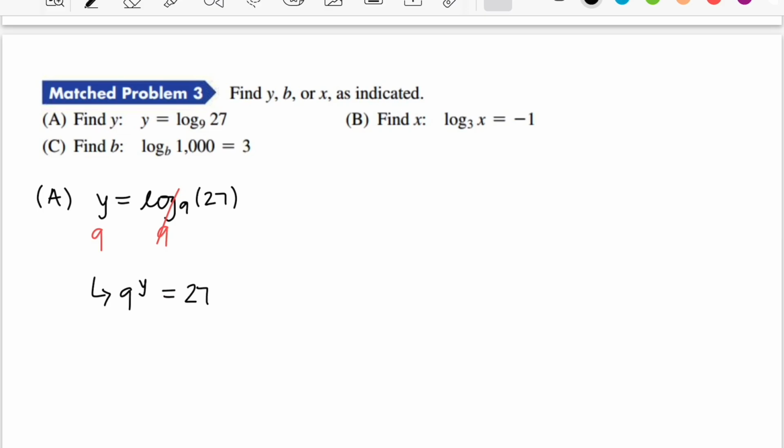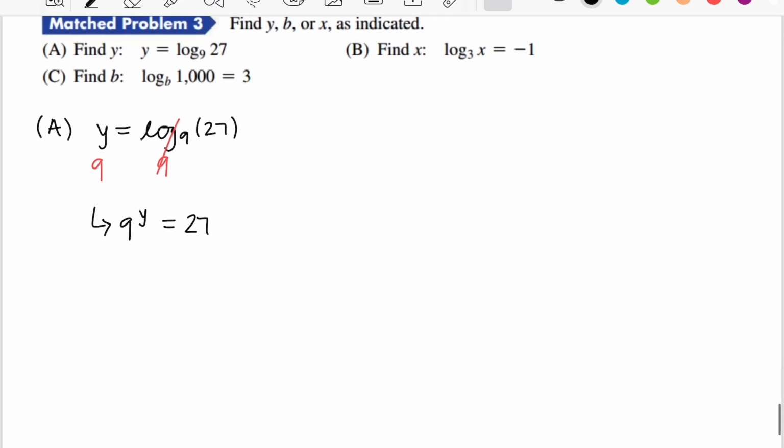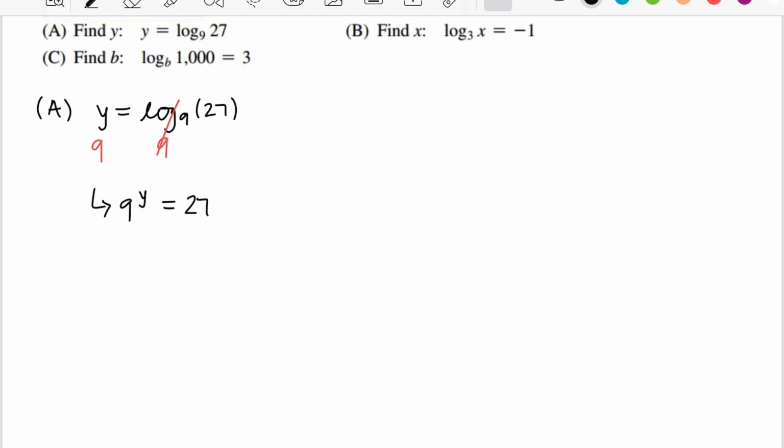Now this is where we need to be a little bit clever with how we're trying to find y. We'll do this by rewriting 9 and 27 so that they have the same base. We know that 9 is equal to 3 squared, and on the right hand side, we know that 27 is equal to 3 cubed.